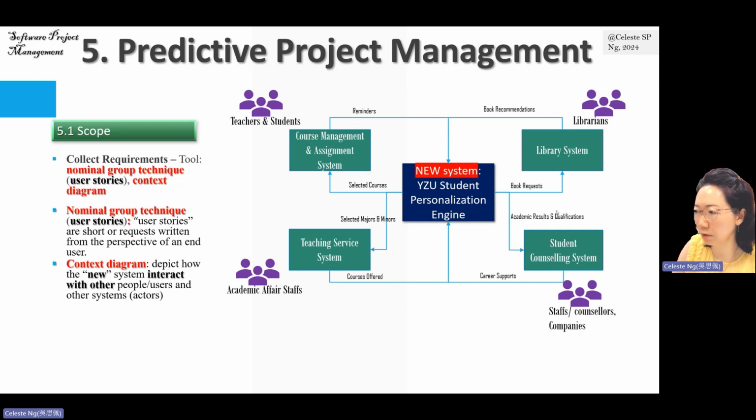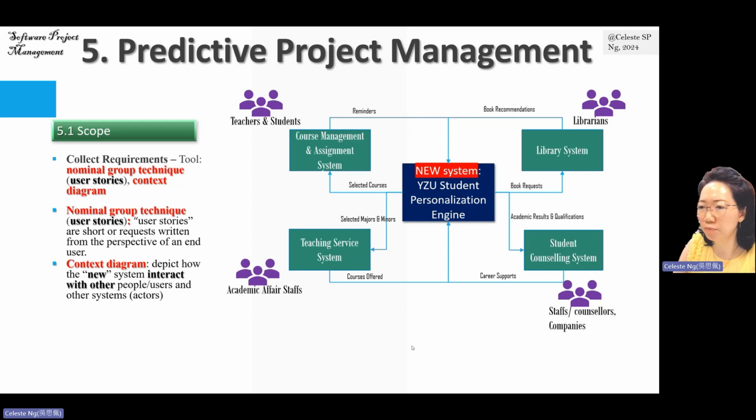In short, this counseling system seems to be open to external users too, which are companies that have job offerings out there. This information can be passed back to this new system.